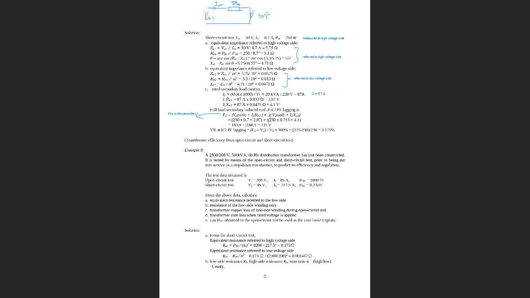Secondary full load output voltage rating.